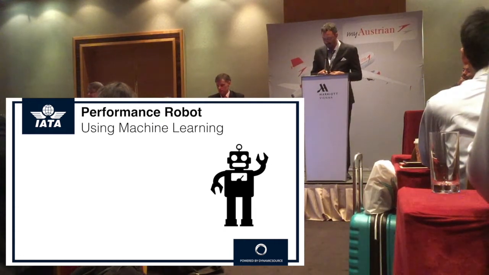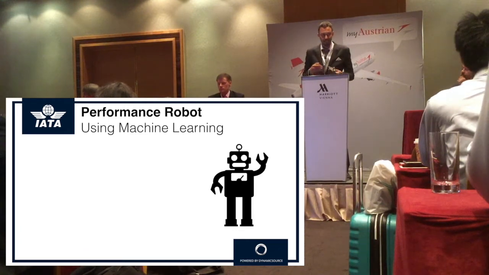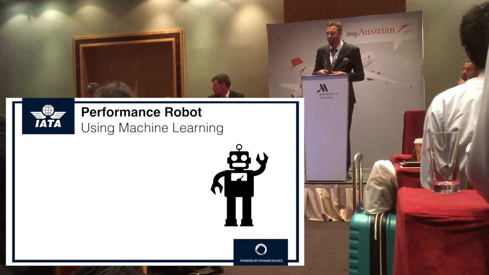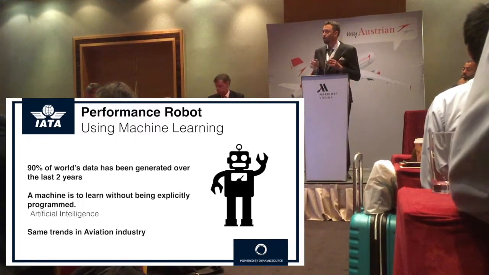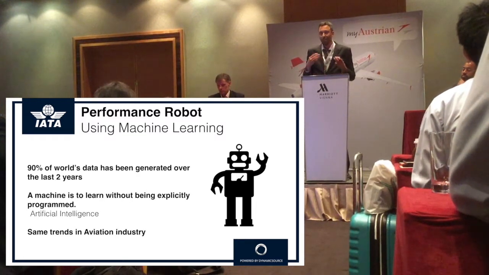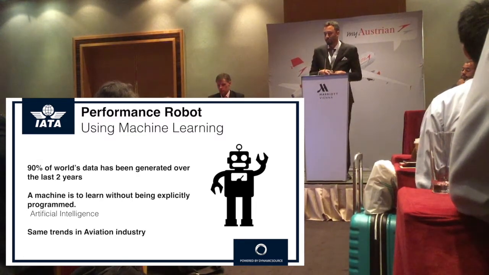So the age of artificial intelligence is here, but in fact, artificial intelligence has been here since the 50s. Why do we speak about it so much today? Well, 90% of all the world's data has been generated over the last 2 years. So we have a great need to dig into that.